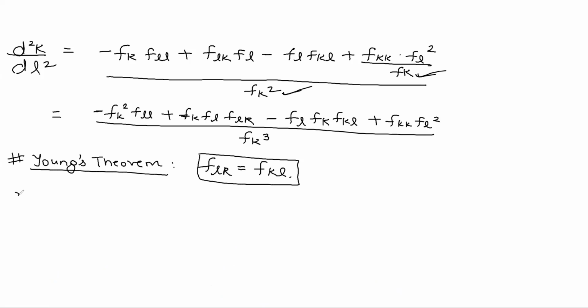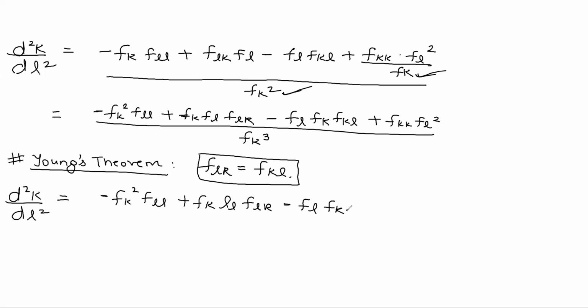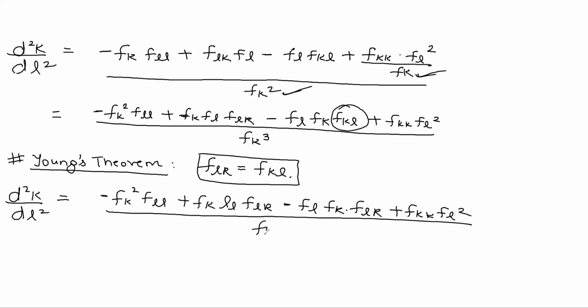That means I can write my d square k by dl square as minus Fk square into FLL plus Fk FL FLK minus FL Fk. Instead of FKL, I can write using Young's theorem FLK plus FKK FL square upon Fk cube.